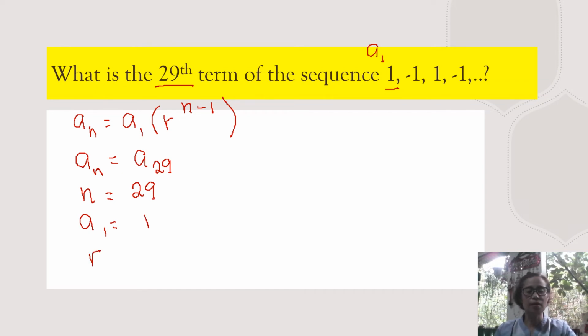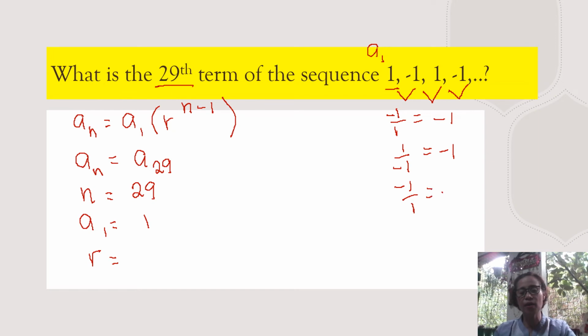And then r, which we haven't solved yet. So let's solve for r. Negative 1 divided by 1 is negative 1. Then 1 divided by negative 1 is also negative 1. Then last, negative 1 divided by 1 is also negative 1. So the common ratio here is negative 1.